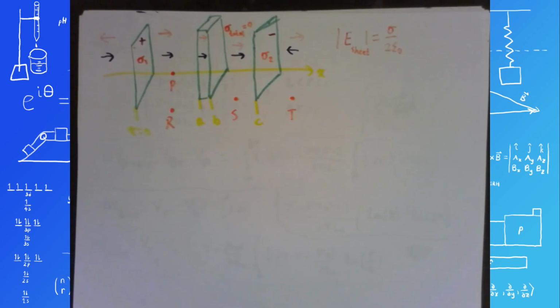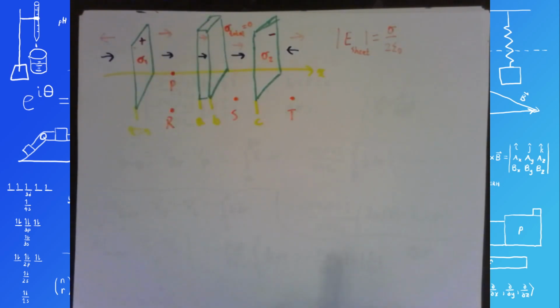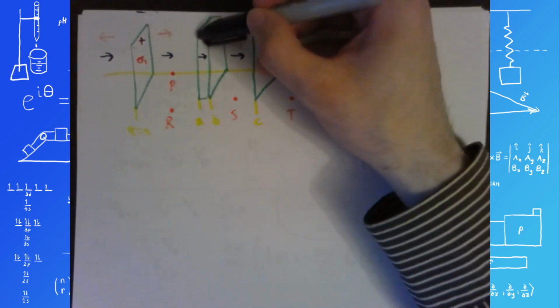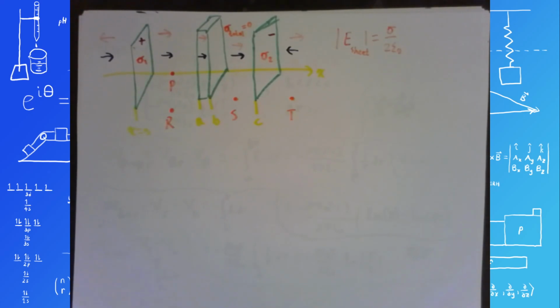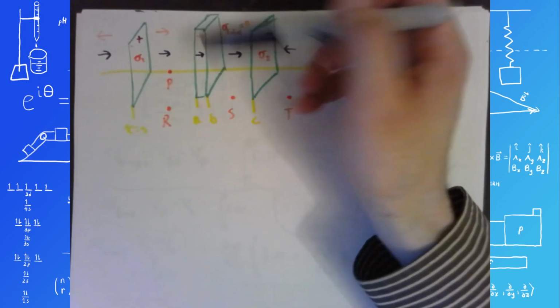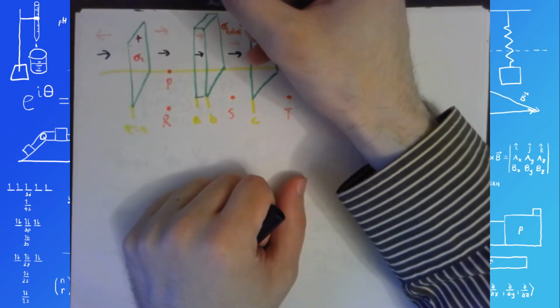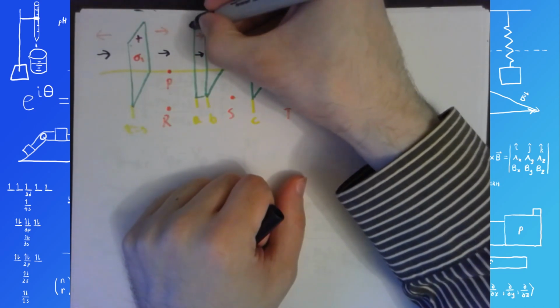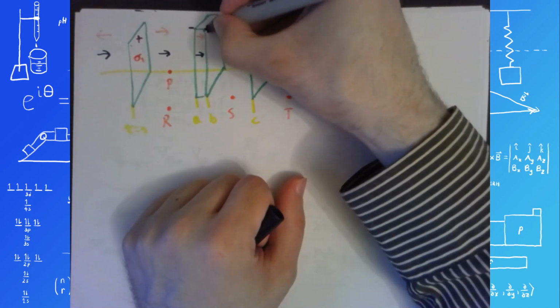And then for the infinite slab of charge, I can see that since it's already got two electric fields pointing to the right on it, and I know the electric field in the center, in the bulk of the slab, has to be 0, the charge on the slab has to redistribute in such a way that it exerts a leftward electric field to cancel both of these. So that would suggest that we get a negative charge on this side of it and a positive charge on that side.